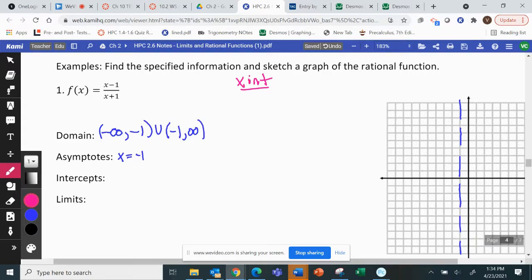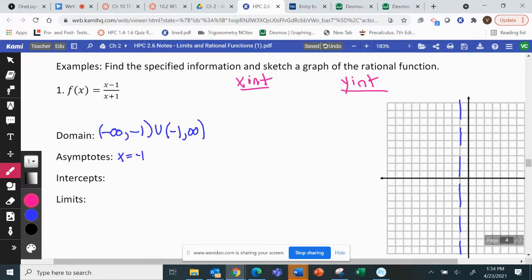Always, on every single equation you have ever had. I might need to factor. This one doesn't factor, so that's not going to help me. We need to find our x and y intercepts.